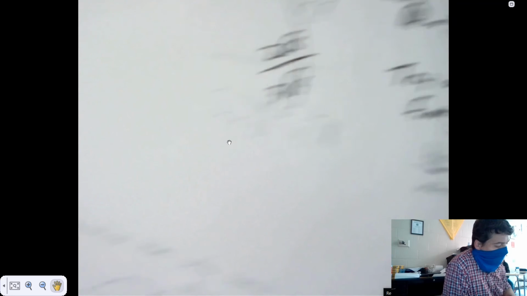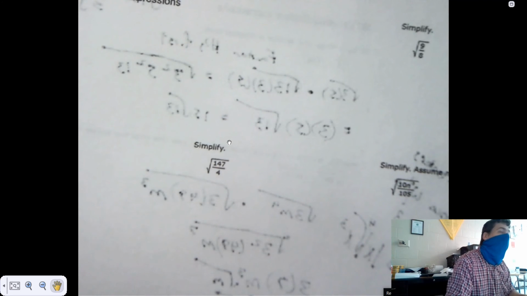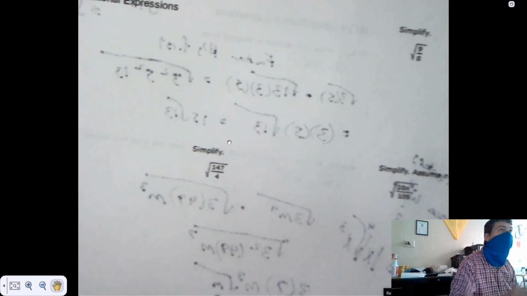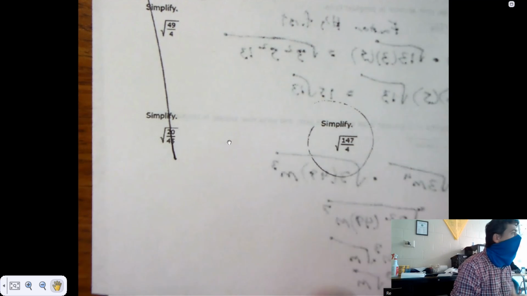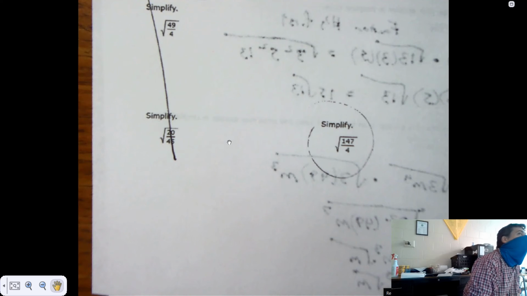I don't know why I've got that result in. Weird. We've already done 2 of these, so those don't matter to us anymore. Why don't you guys take a shot at this one? Try and simplify that root 147 over 4.